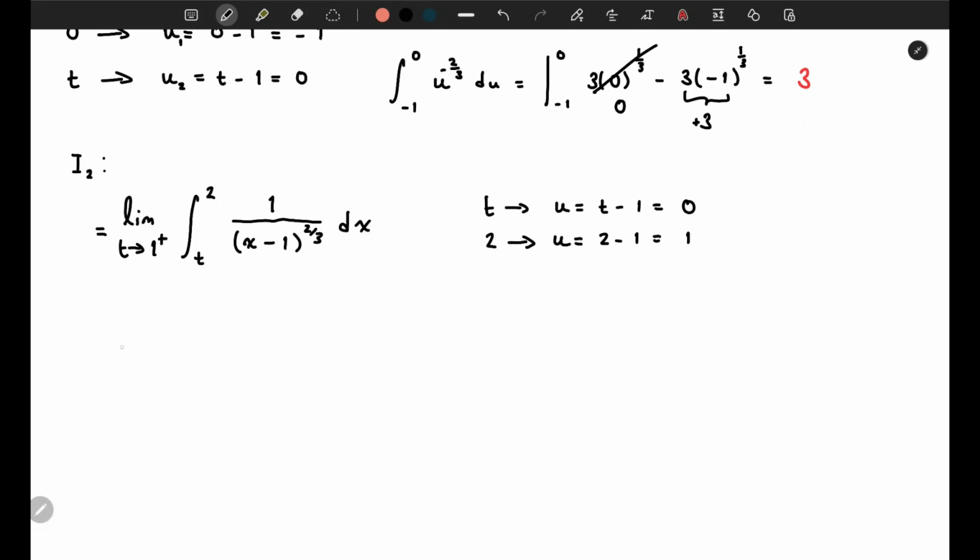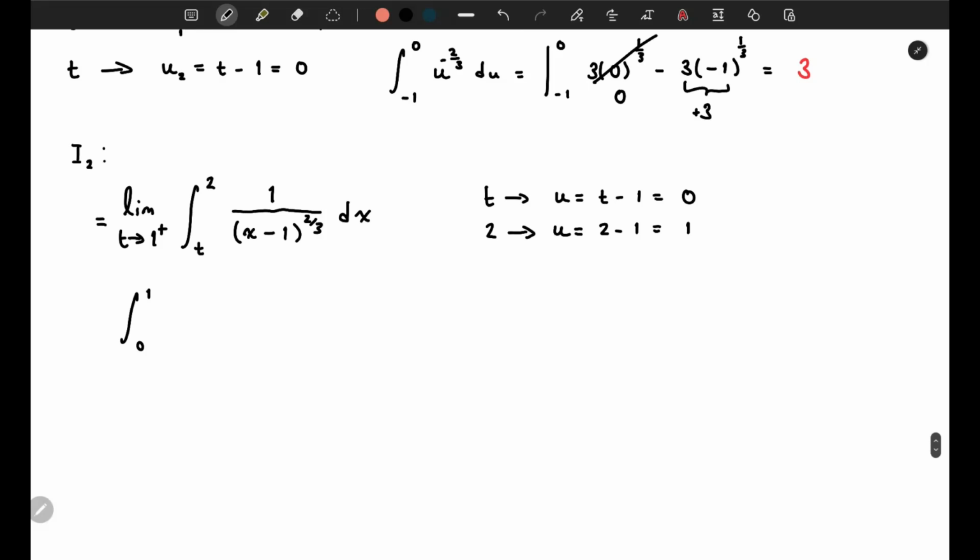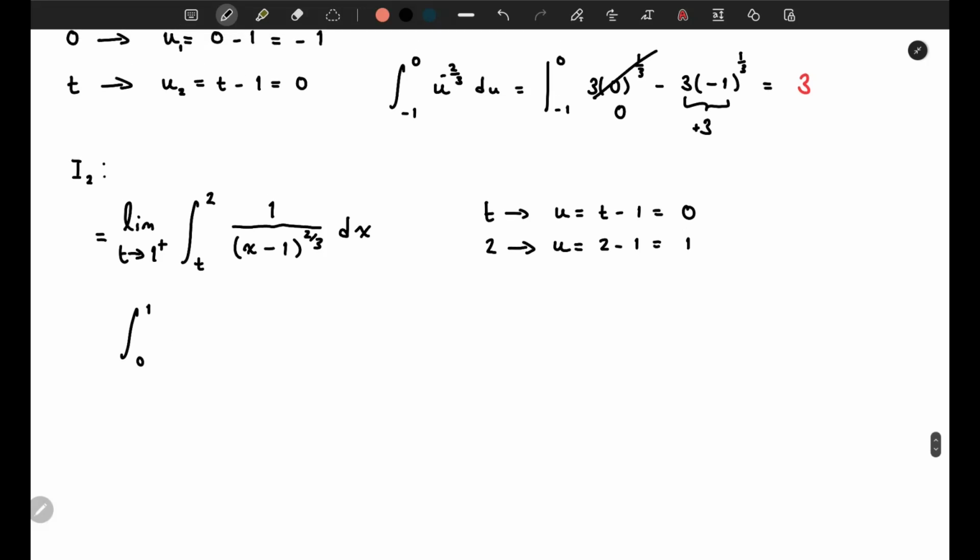So we would have 0 here, 1 here, and we would be integrating negative 2/3 du.